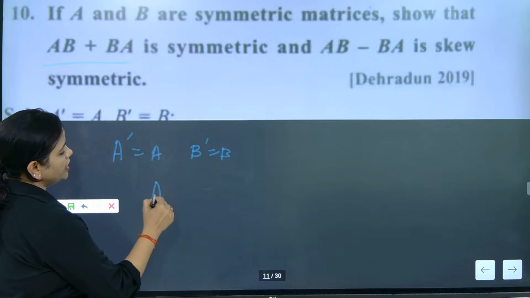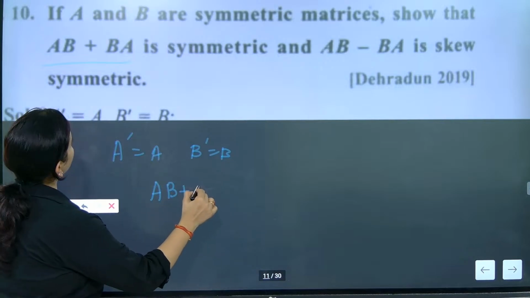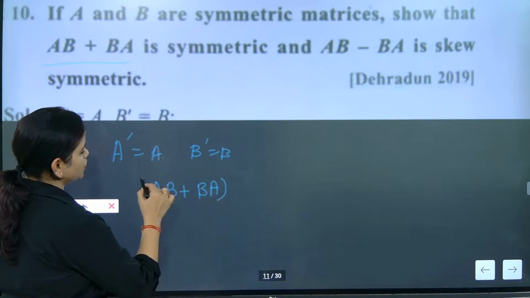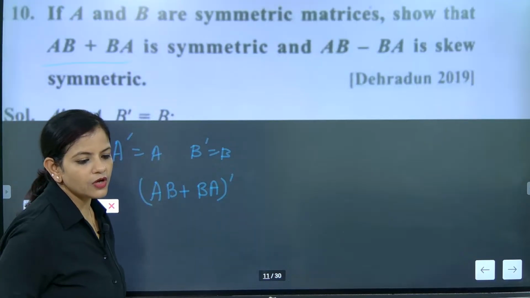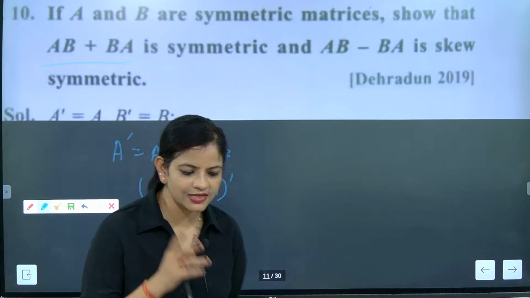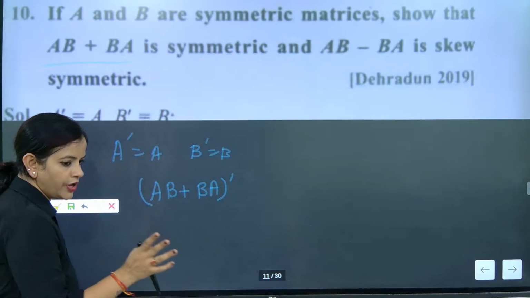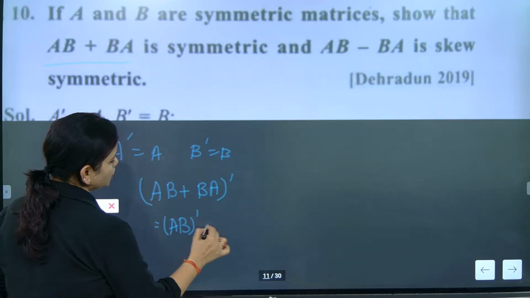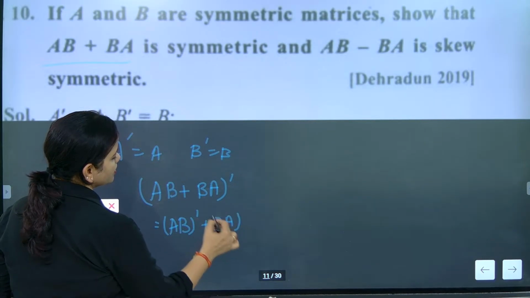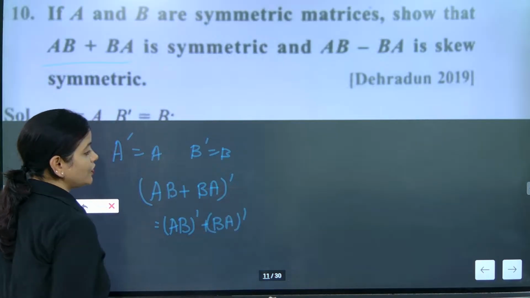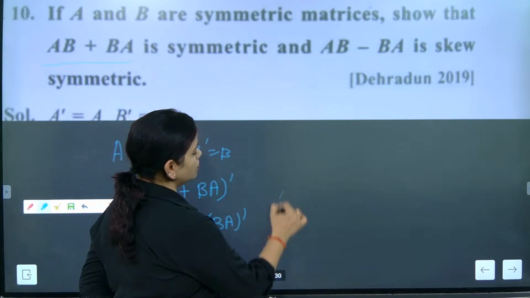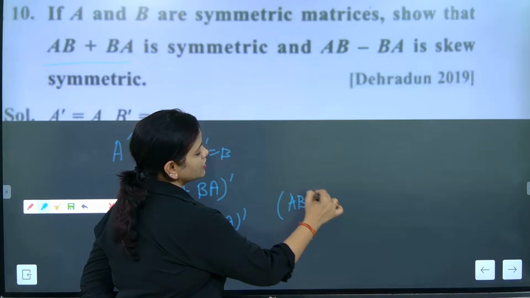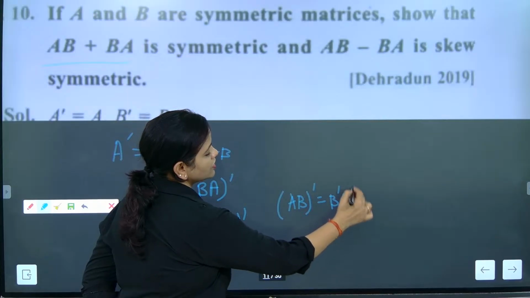So what we need to do is write the transpose of AB plus BA. Now we are going to distribute the transpose. So we get AB transpose plus BA transpose. Now for AB transpose, we know one very nice formula: AB transpose is equal to B transpose A transpose.